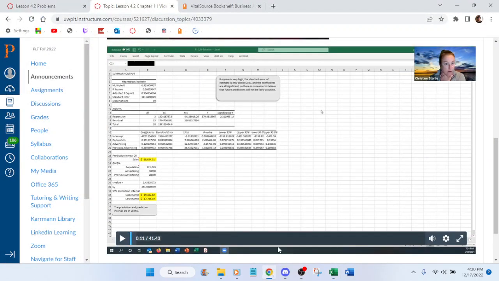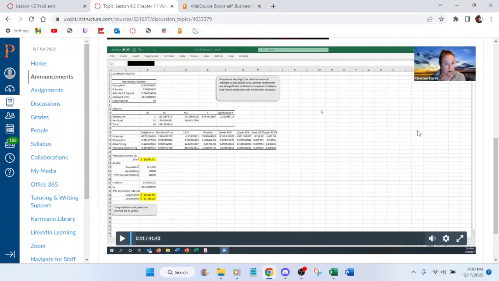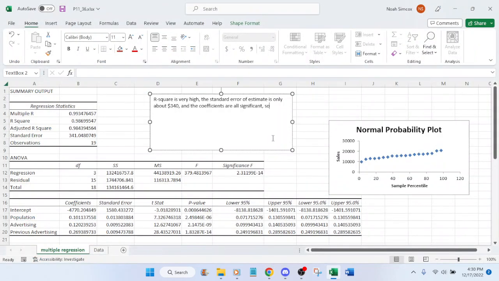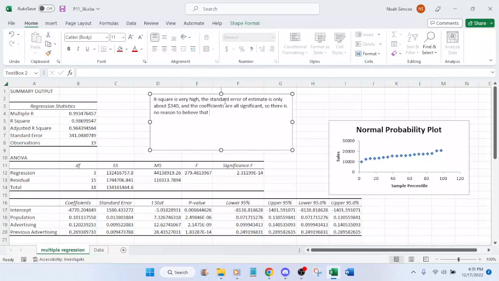And the coefficients are all significant. They're all significant, so there's no reason to believe that future predictions will not be fairly accurate.